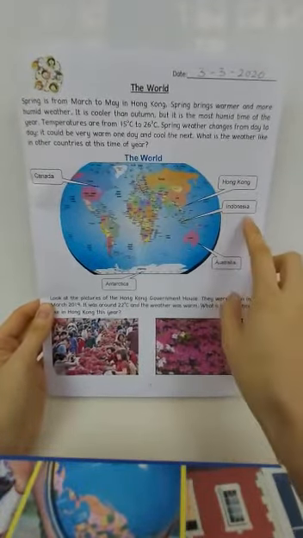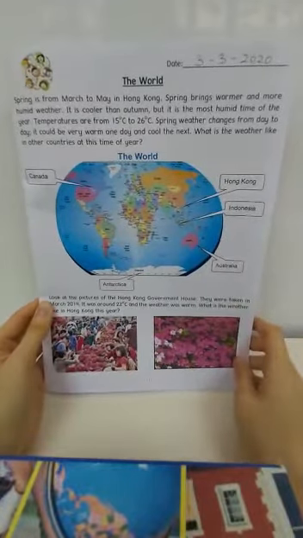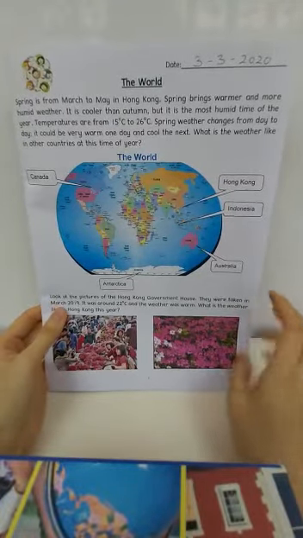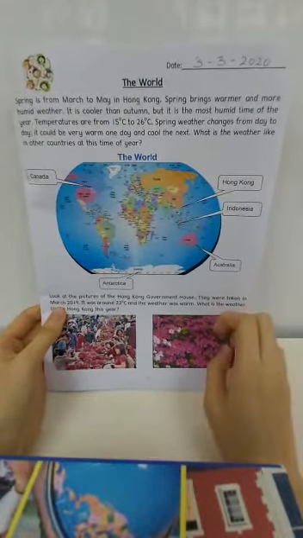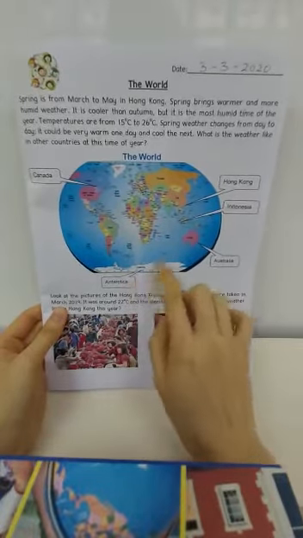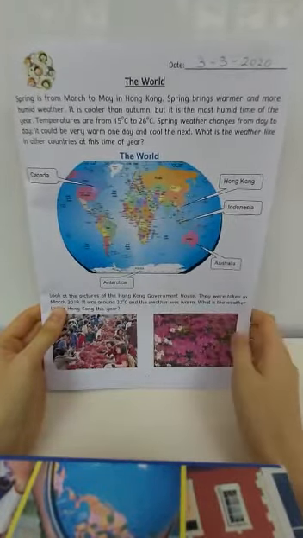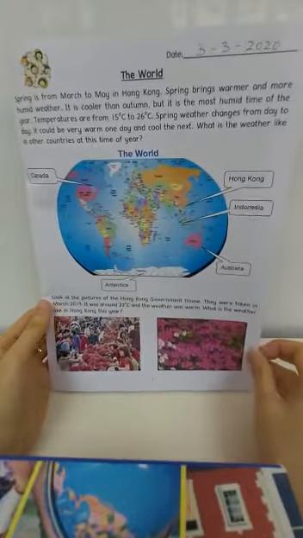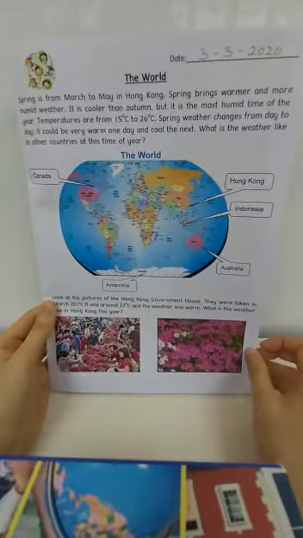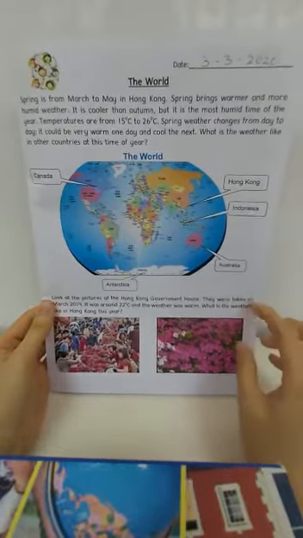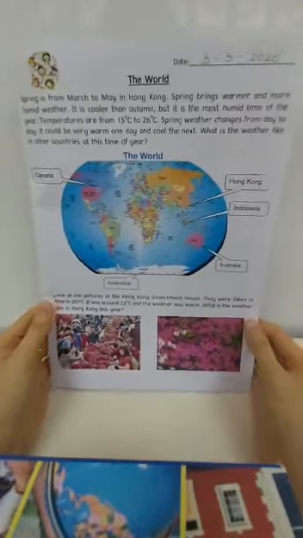But Indonesia, I think it is quite hot all year round. And Australia is also a bit warm. Antarctica, of course, all year round is very, very cold. And in Canada, it is cooler than Hong Kong. So we're going to look at their temperatures on the next page later on.